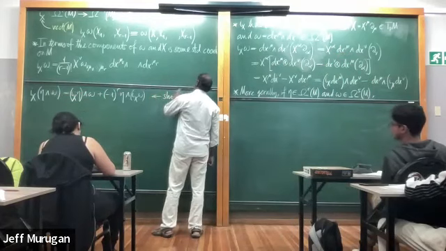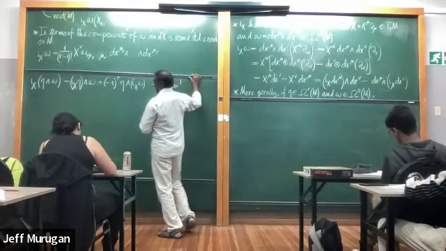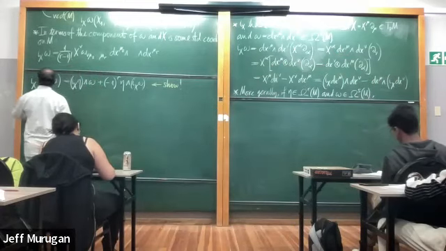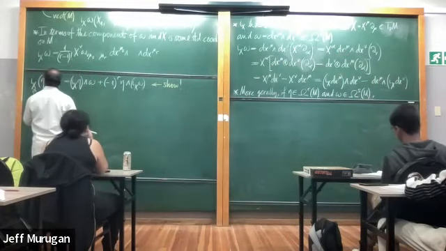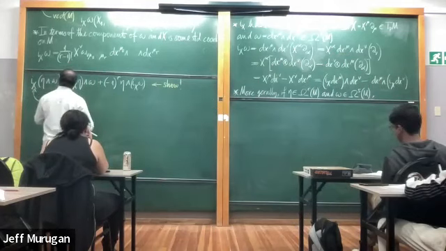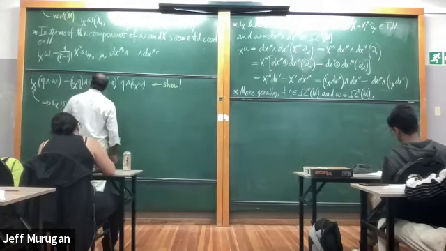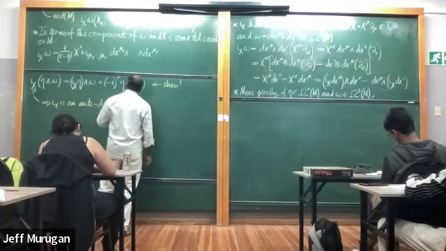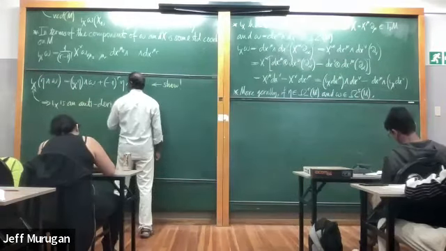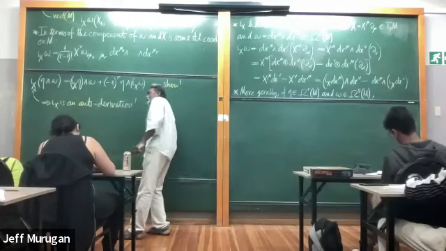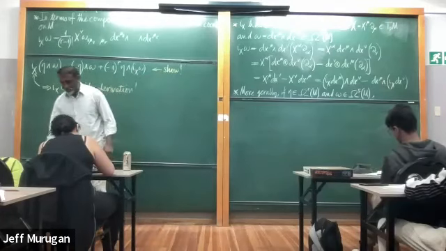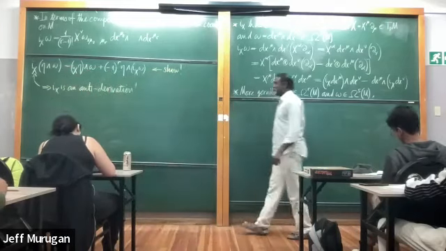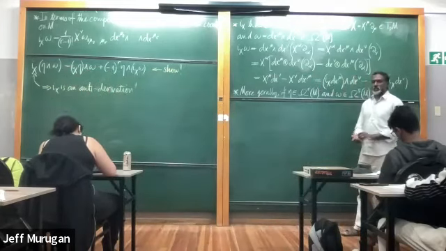But the upshot here is that Ix is an antiderivation, the same way as d is. What does it mean?